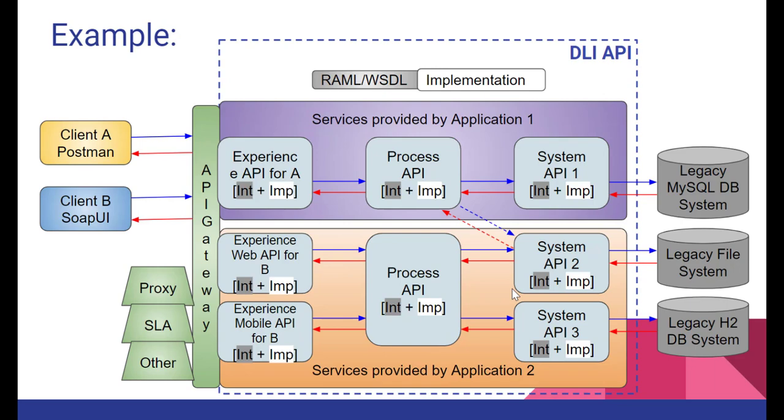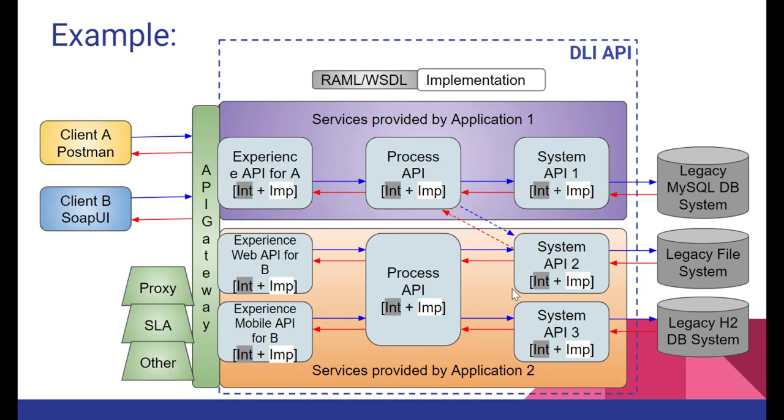For example, suppose you want the request to be received from a particular range of IP addresses. That can be done at the API gateway level. Also there is a service level agreement, as I already discussed. So this is how it happens.